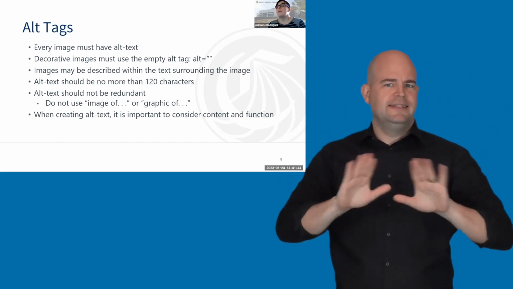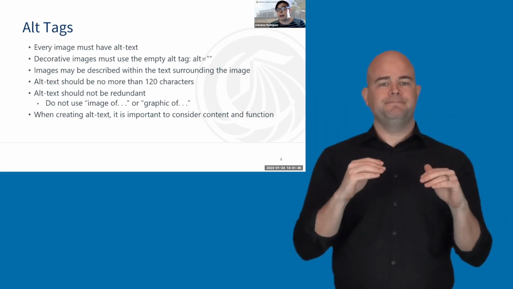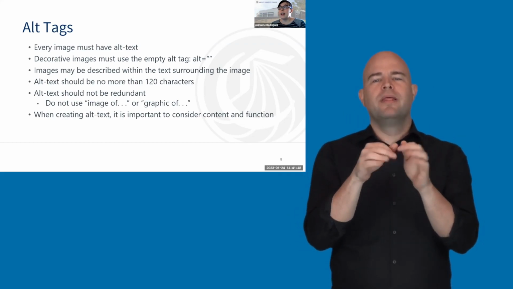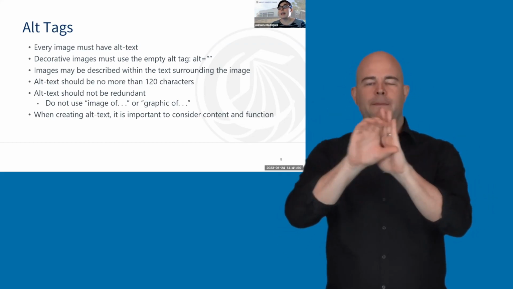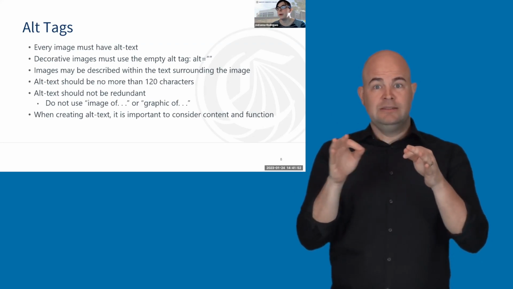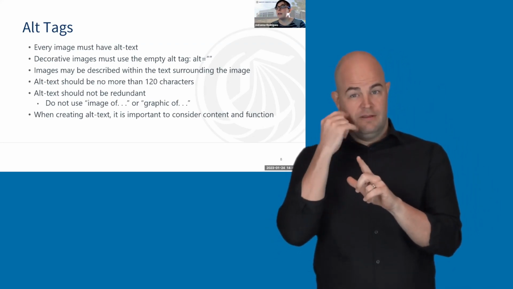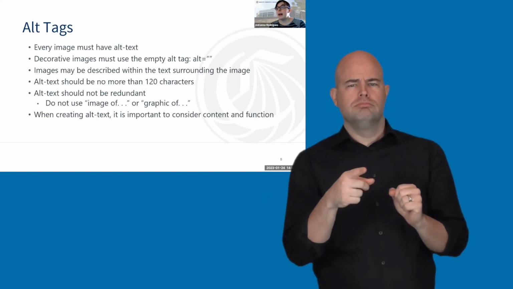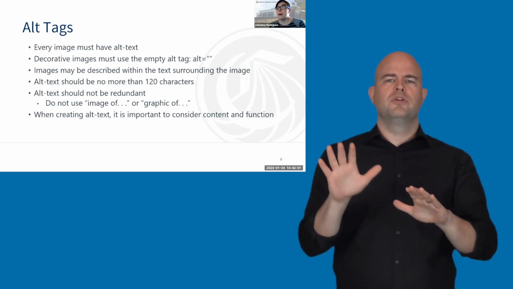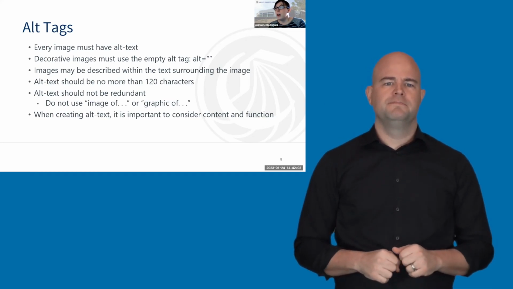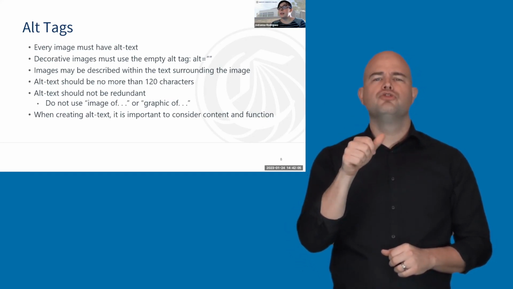Images may also be described within the text surrounding the image. So if your alt text is getting out of hand, it should be no more than 120 characters. If you need further description of the image, then you can certainly type that in around the image. Alt text should not be redundant. This is a big one.